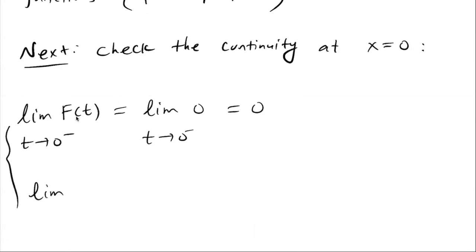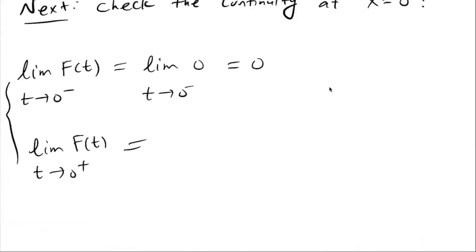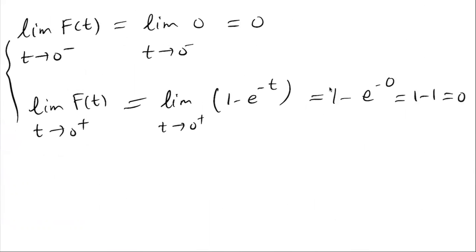And what about the right limit? For the right limit, I have to use the second piece, because this is the formula for x bigger than 0. So this will be limit of 1 minus e to power minus t as t approaches 0 from right. So 1 minus e to power minus 0. E to power 0 is 1, so that's 1 minus 1, which is 0. So left limit and right limit both are 0.